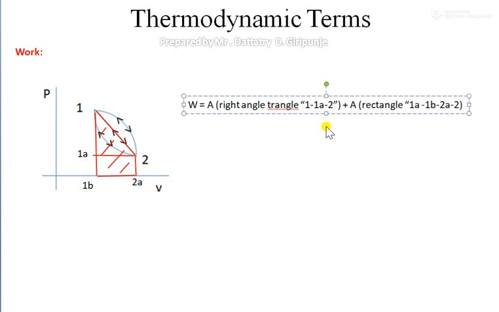This will be the work done by the process whenever the system changes from state 1 to state 2, that is, the shaded area below that line.